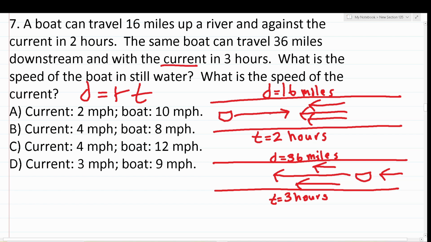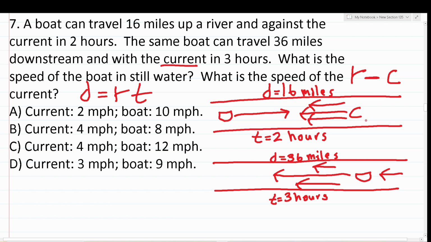Let's think about how the current is affecting the rate of the boat in this case. So the boat is going upstream, so that means it's going against the current. So the rate of the boat, which I'm going to call R, is actually being slowed down by this current, which I'm going to call C. So to represent that algebraically, it's going to be the rate of the boat minus the current, because the current is taking speed away from this boat.